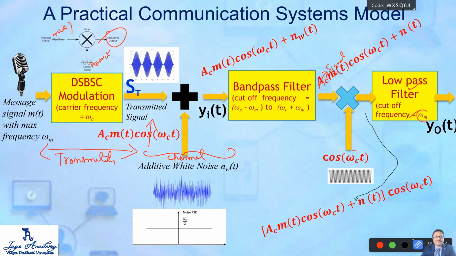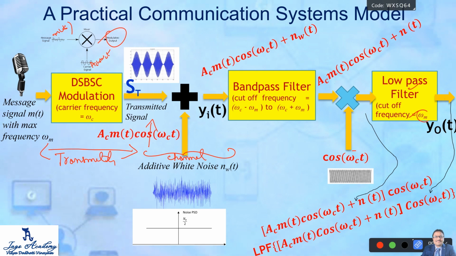What you will get here is signal plus pass band noise. What you get here is this multiplied by cos omega ct. And what you get here is the low pass filter version of this multiplication. You have that many equations with you.